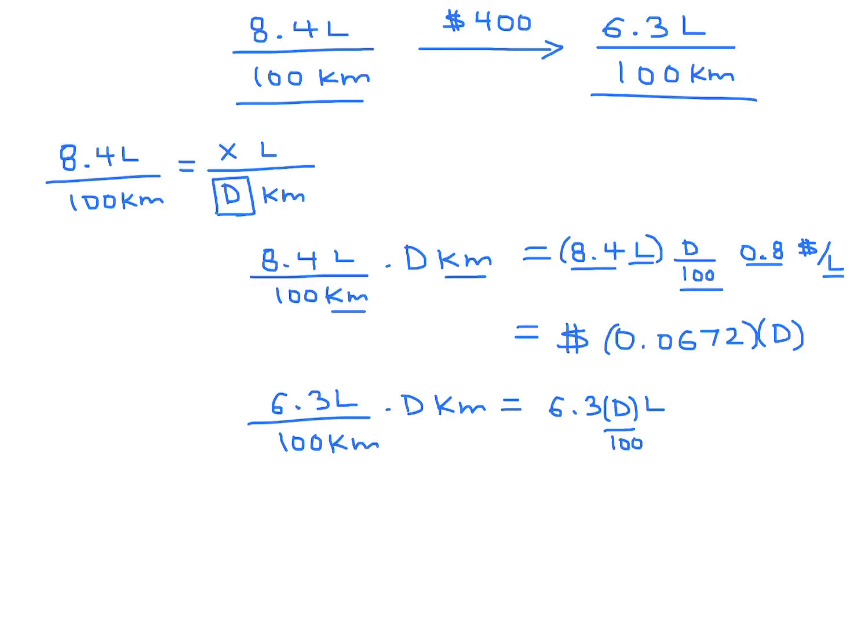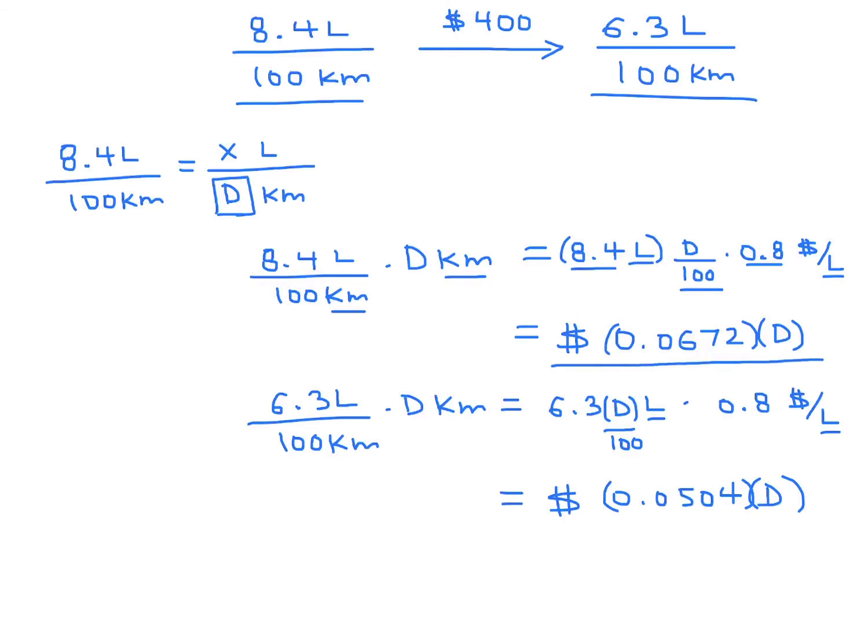And then, very similarly, I have to multiply this by $0.8 over liters, and this will give me a price, an actual price. The liters cancel as the units, and this becomes 0.0504 D. And remember, D is just a number. It's how many kilometers we're going to drive. So this is how much it costs with the old fuel efficiency. This is how much it costs with the new fuel efficiency.